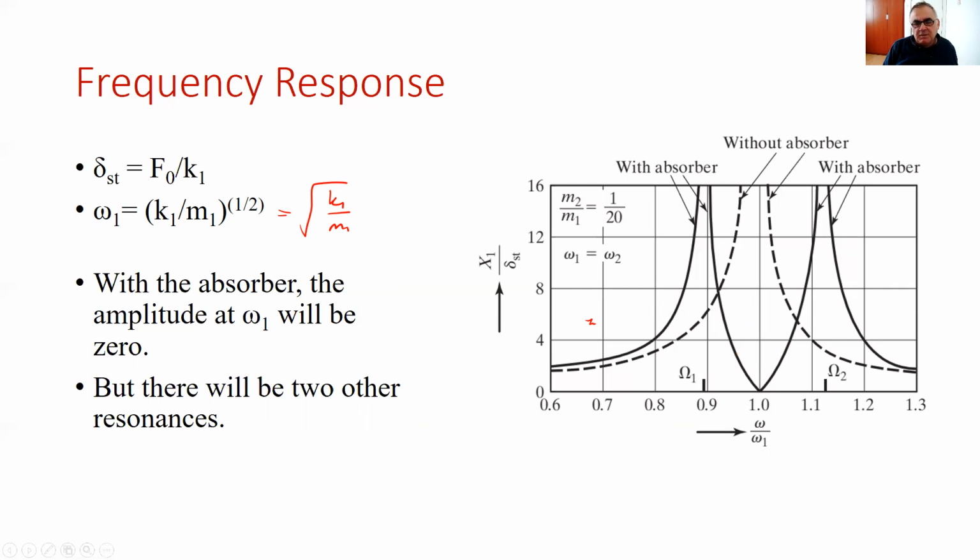Okay, as you see, this is an undamped system, so it goes to infinity. The 1 degree of freedom system without the absorber attached will have a resonance at 1.